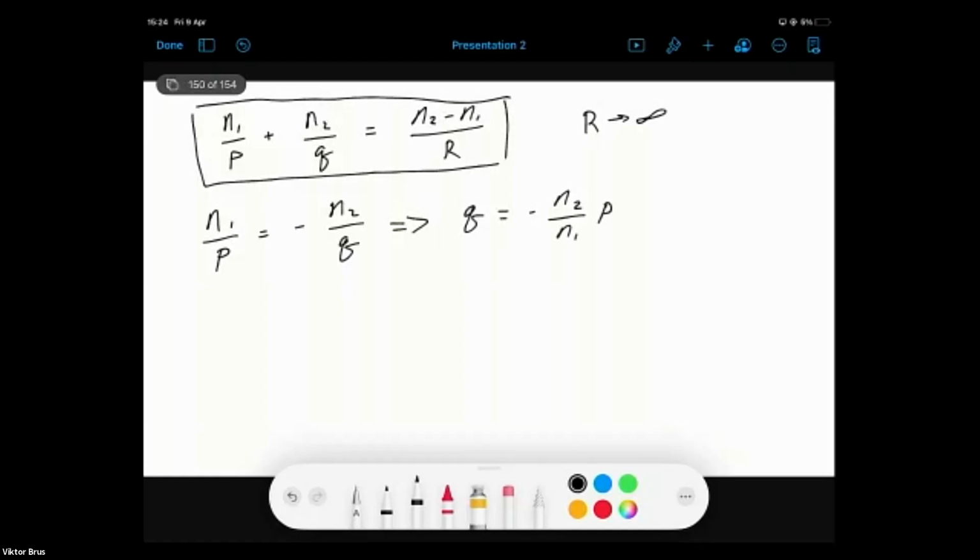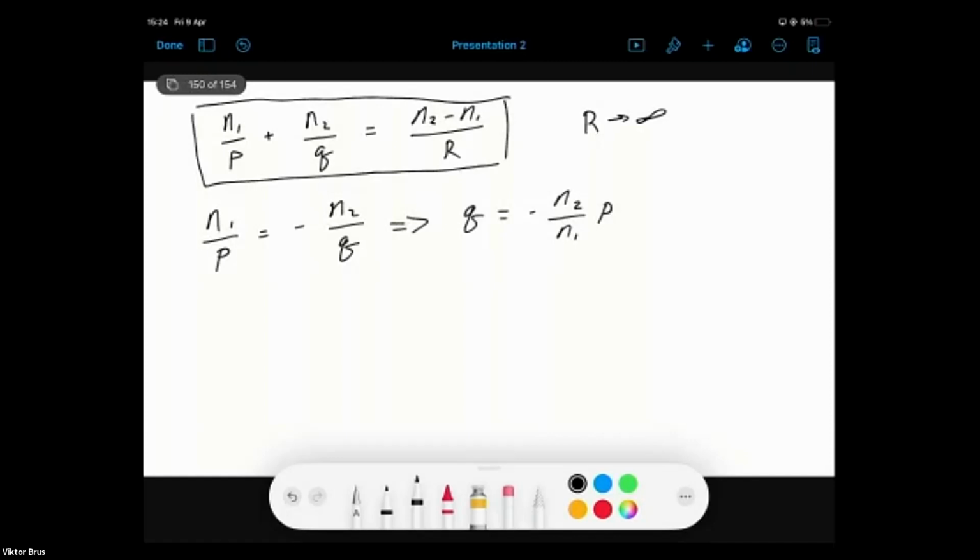So if P is positive, then this Q will be negative, meaning that the image will be located in front of the interface, on the same side as the object, and that is the sign of the virtual image.